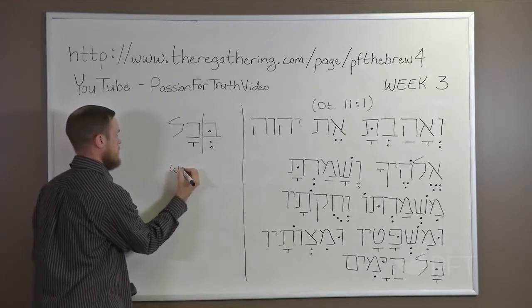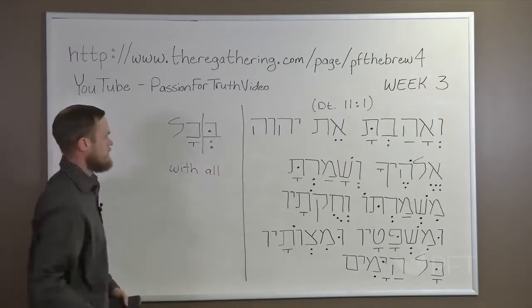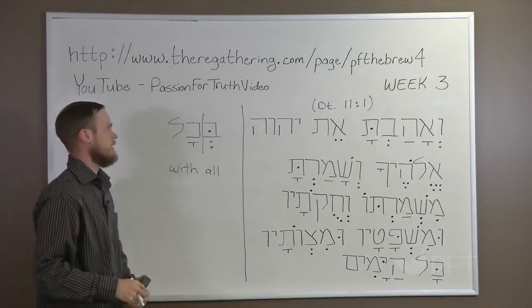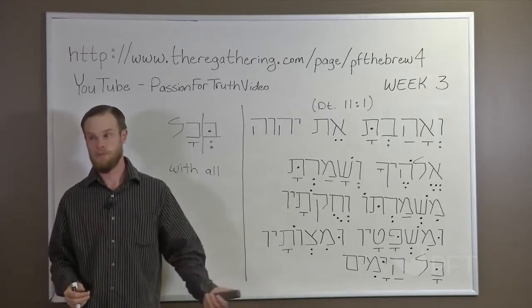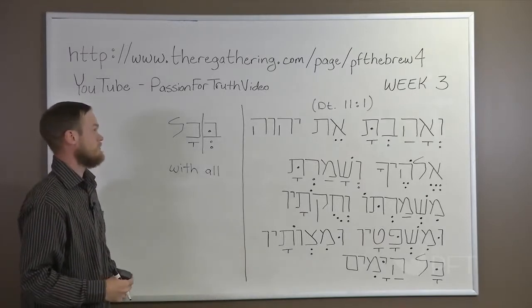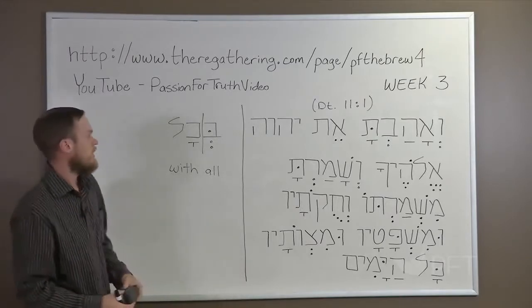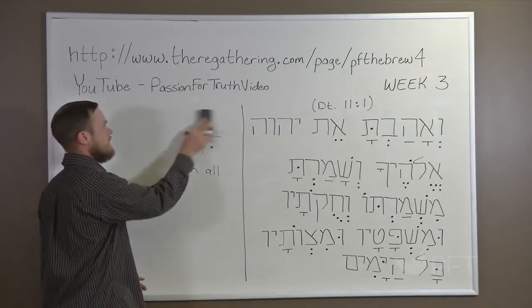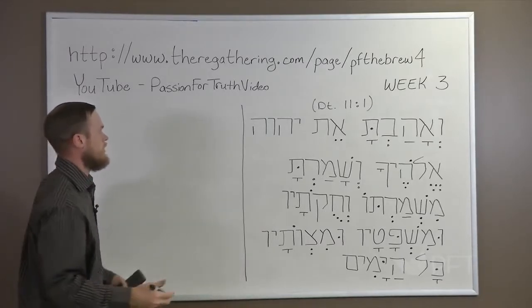So bechal becomes "with all." And this is something you'll see actually very frequently, where a prepositional prefix is prefixed to another preposition. Okay, so "with all," "in all." All right, this happens quite a bit. Okay, so with all what?